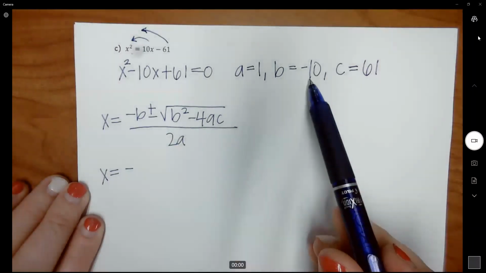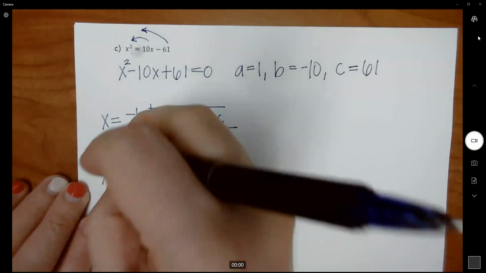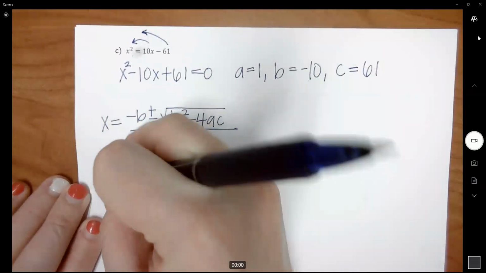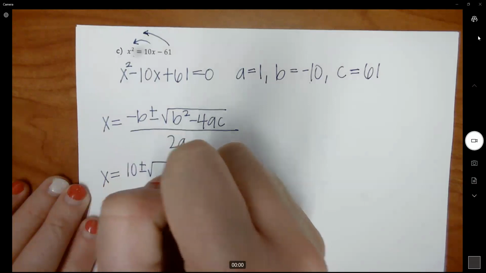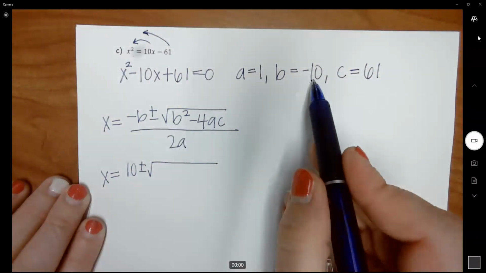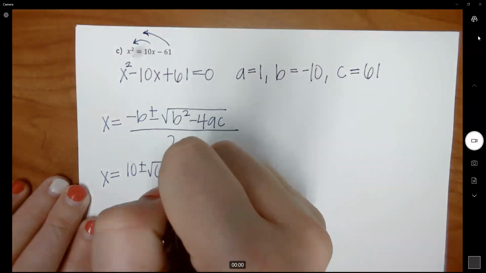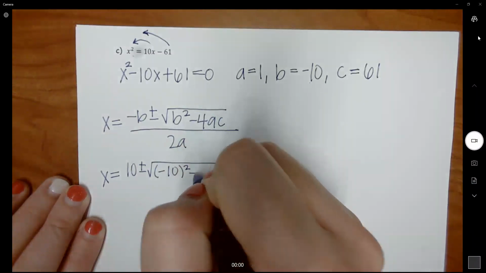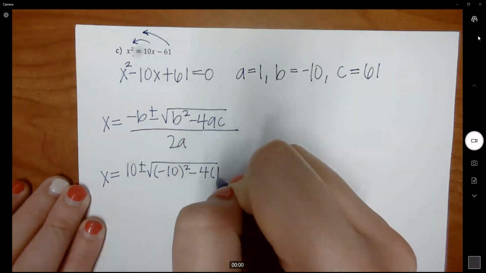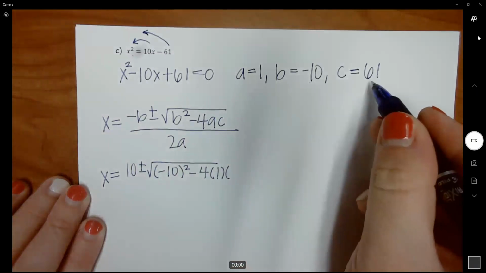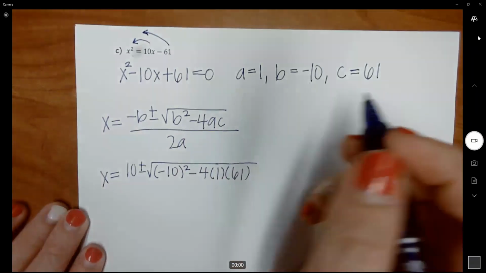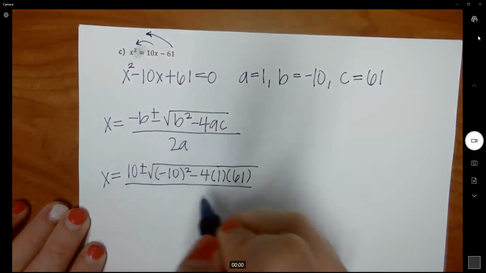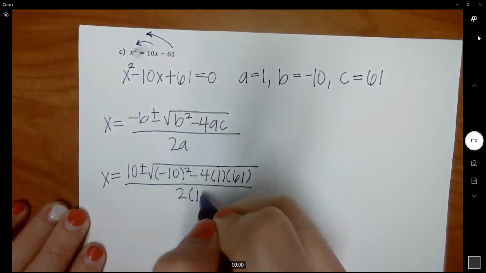My -b is -10, so this is actually 10, plus or minus b squared, so put that -10 in parentheses, minus 4 times 1 times my c, which is 61. And that is all over 2 times 1.